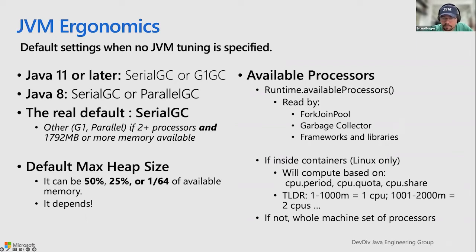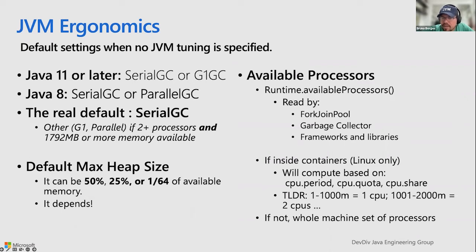But if the application is running inside a container, the amount of available processors that the JVM sees varies with the information given to the container on the CPU quota, period, and CPU shares. And there's a calculation that will determine what is a processor in this scenario.